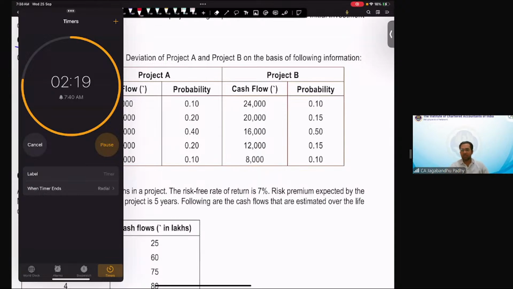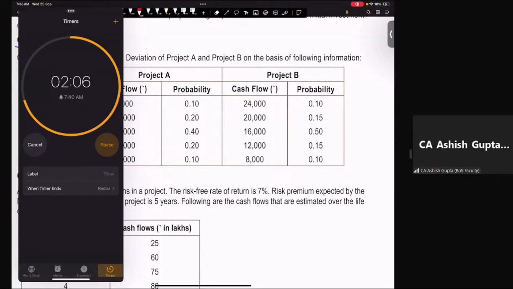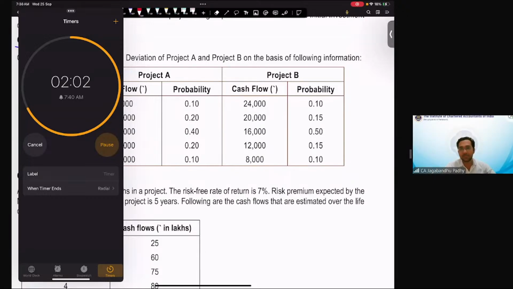Okay, expected cash flow is 16,000, everyone. Perfect. Jagbanduji, there is a query in the query portal. Just check it. Yeah, I just checked it, sir. They're asking for more time to solve the question. So I just gave them this time so that they can try out this question.